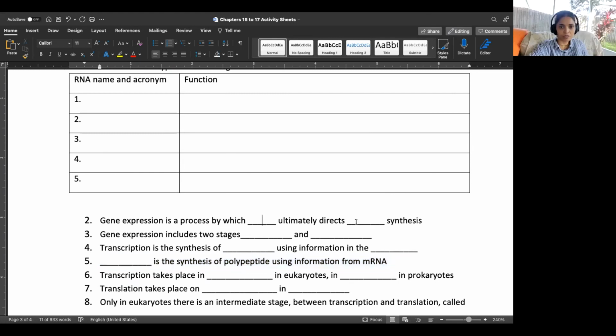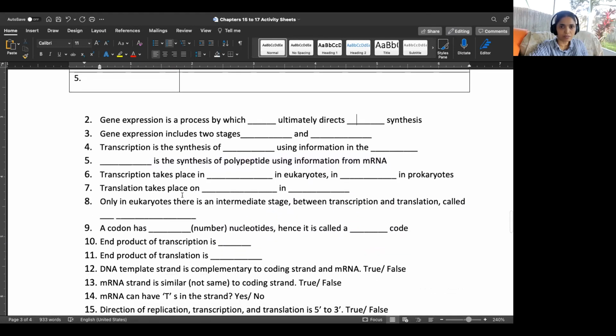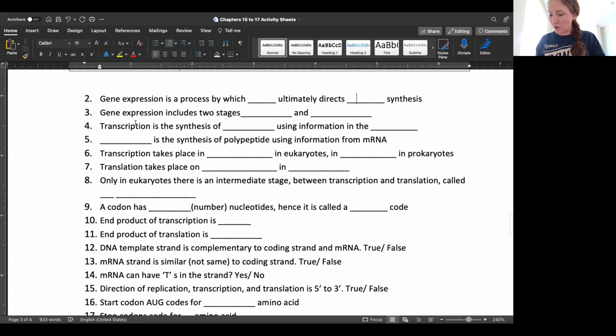Yes. And then number 3, gene expression includes 2 stages, transcription and translation. Transcription is the synthesis of RNA using information in the DNA.